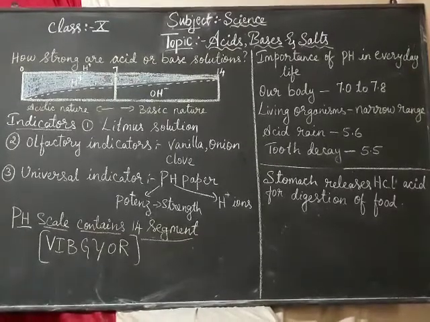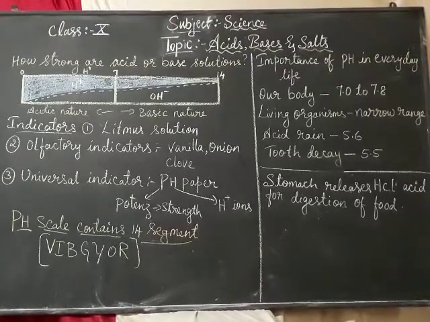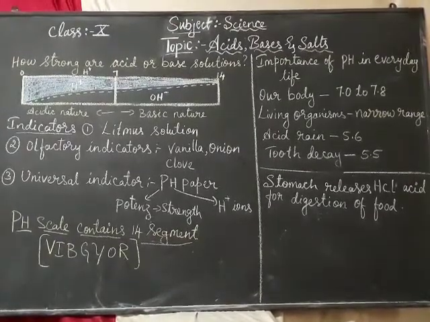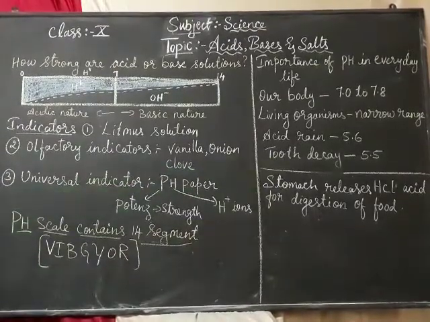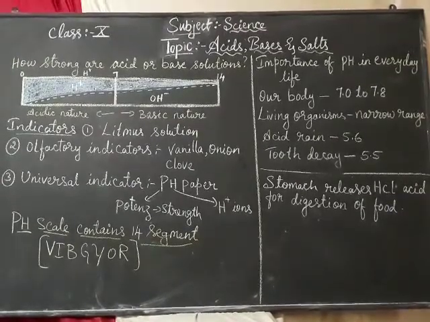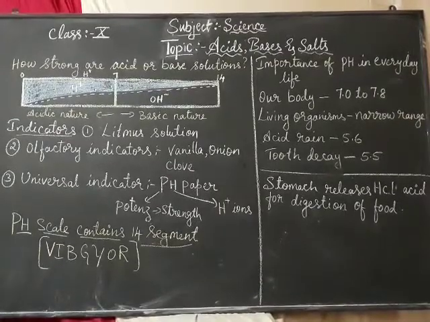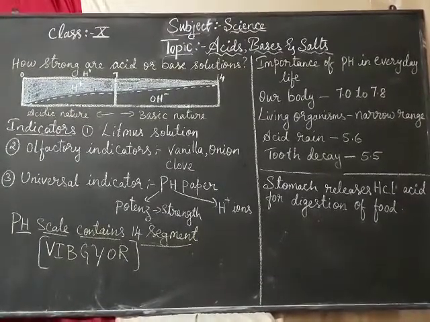Then not only that, coming to tooth decay. We have teeth, right? How does tooth decay happen? The shining portion of our tooth is known as tooth enamel.